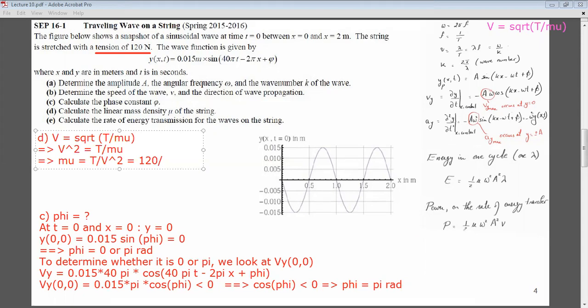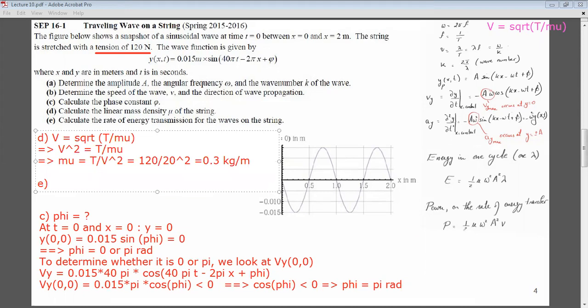V we calculated, it's 20, squared. This gives me 120 over 400, and this is 0.3 kilogram per meter.